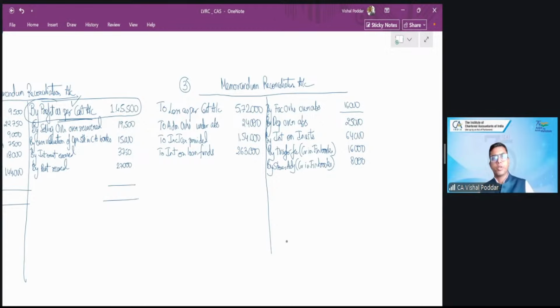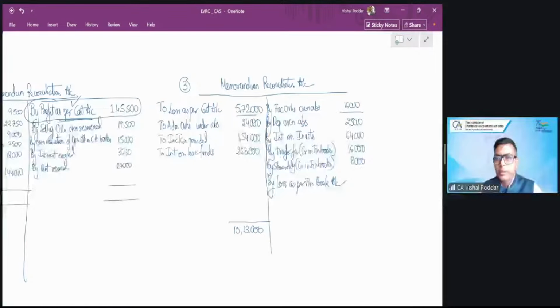Fine. Okay. So now we'll do the balancing. So starting is 572 plus 24. So this is... I should reach loss as per financial books or financial accounts.